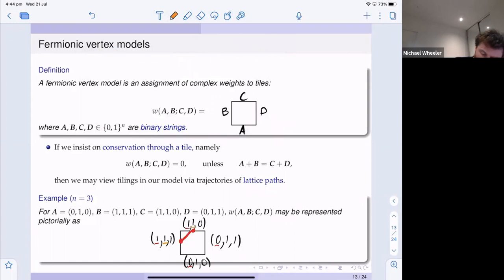These are all 1s. So then I have an orange line that does this and another one that does this. And the last one, let's do it in green. So this is a 1, 0, 0, and this is a 1. So that means the green line goes straight across like that. So that's how you can actually map these tiles to some sort of pictures, some sort of lattice paths.